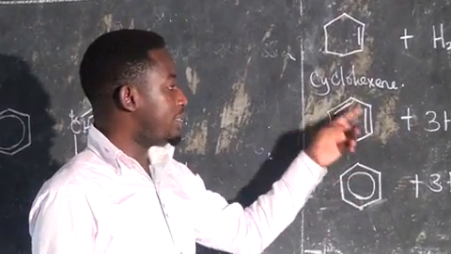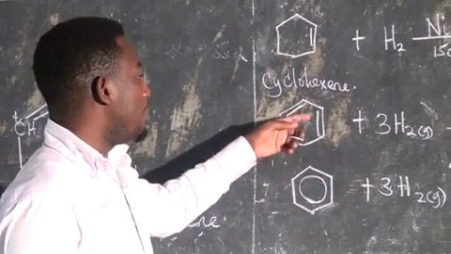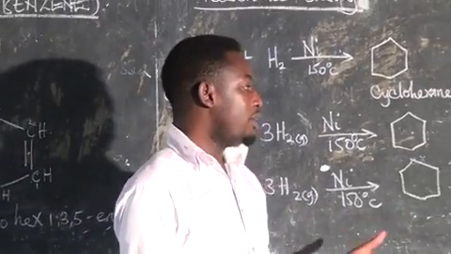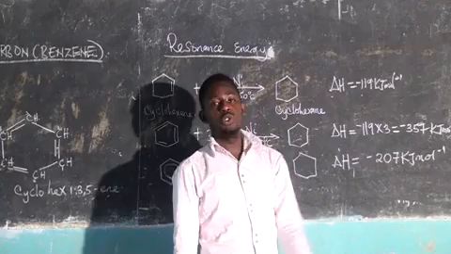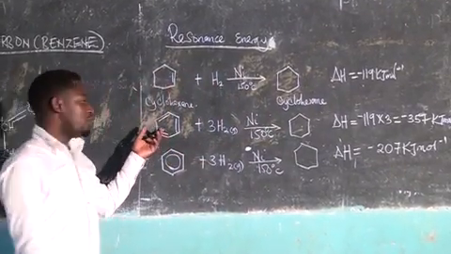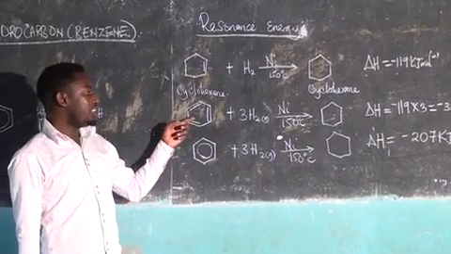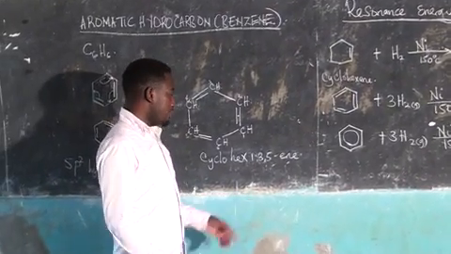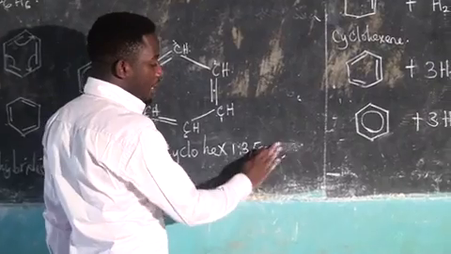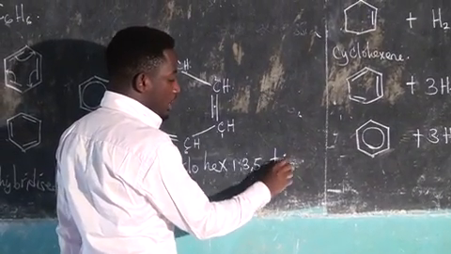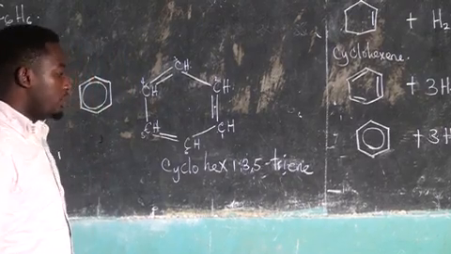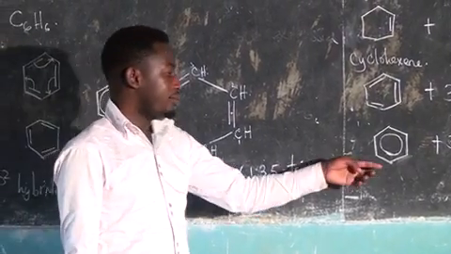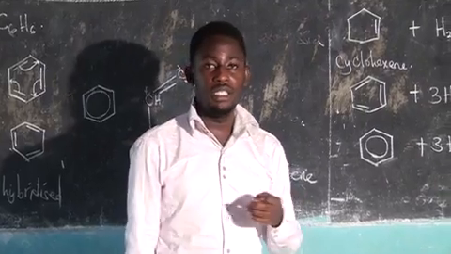Because replacement of the double bonds in benzene does not liberate a lot of energy compared to that of the Kekule structure of benzene. Meaning you can easily hydrogenate cyclohexa-1,3,5-triene. Tri means that there are 3 double bonds. It is easier to hydrogenate that compound than to hydrogenate the benzene ring.